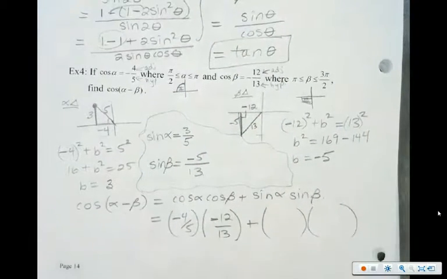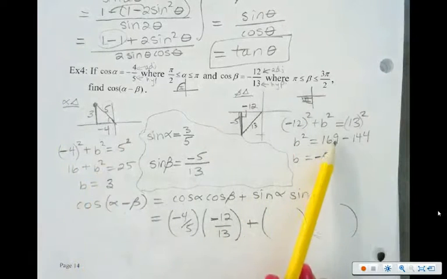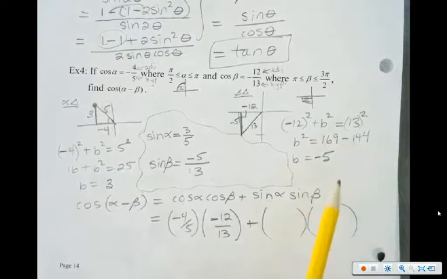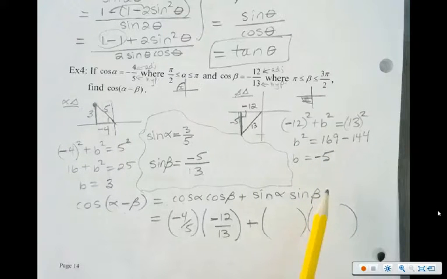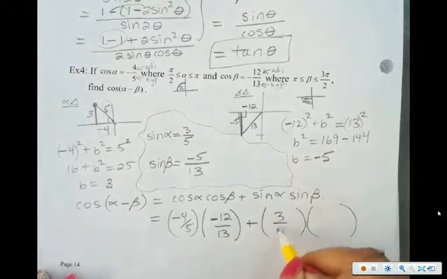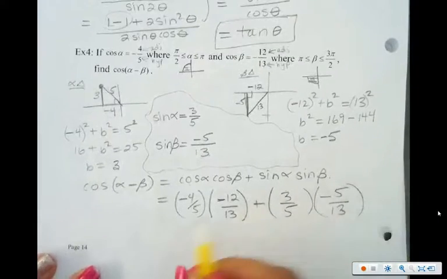Ta-da! So now I've made my sine alpha and sine beta. That was the whole purpose of this triangle business that we did. So now sine alpha is 3 over 5. Sine beta is negative 5 over 13.